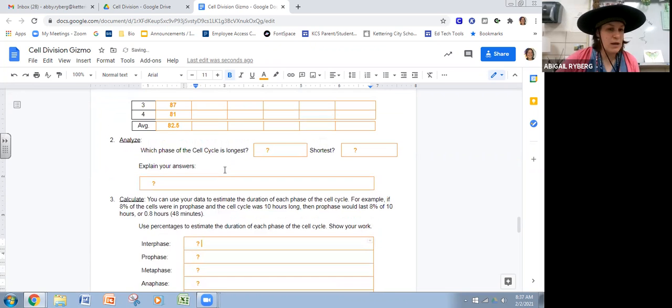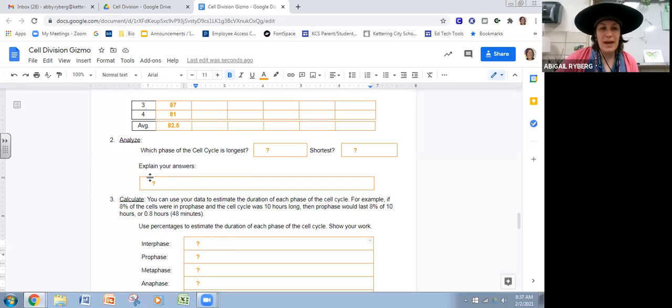First of all, notice that in the example up here, it says if 8%. So it has it as a percentage, and we're going to start with it as a percentage.